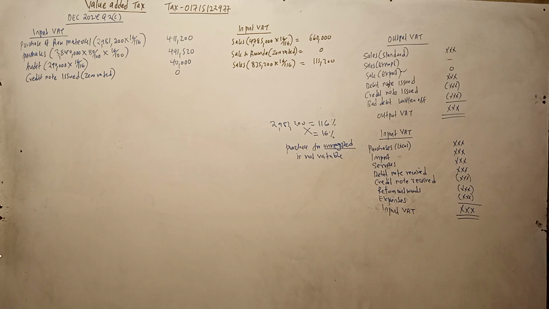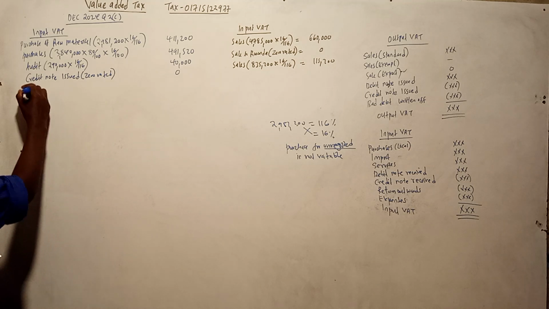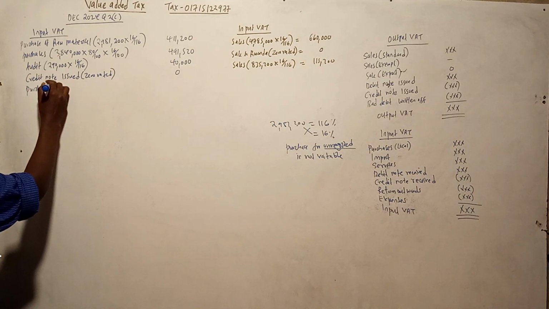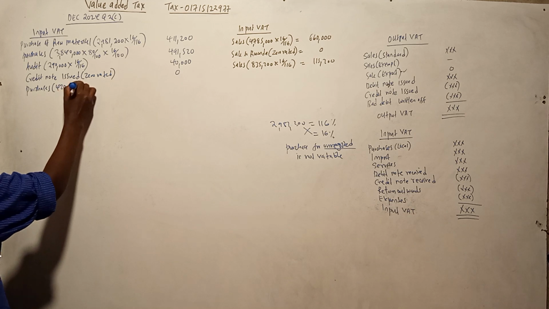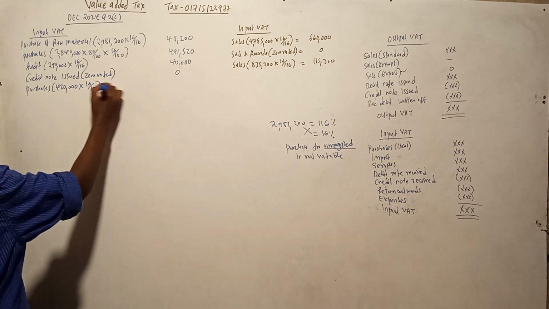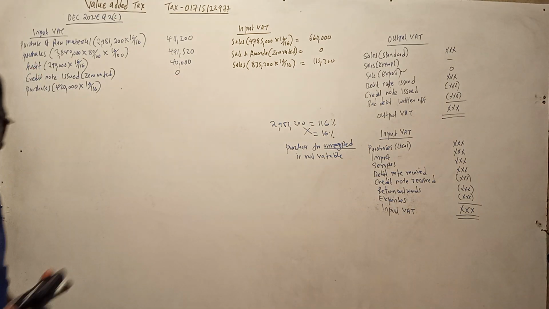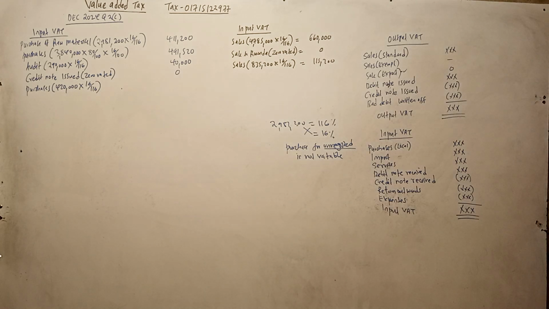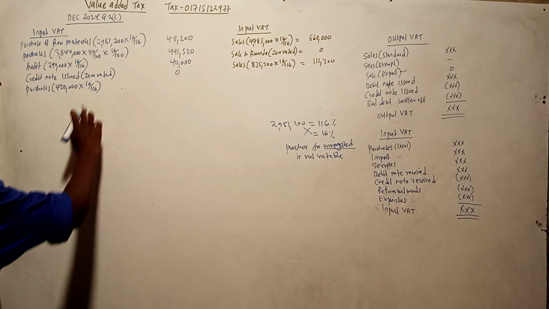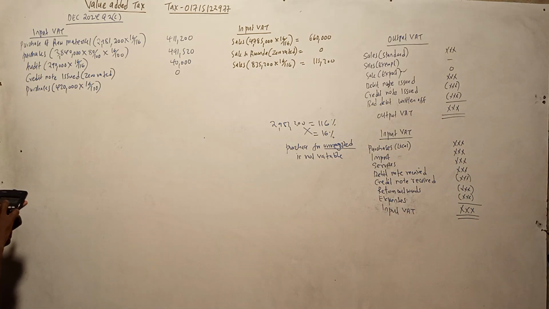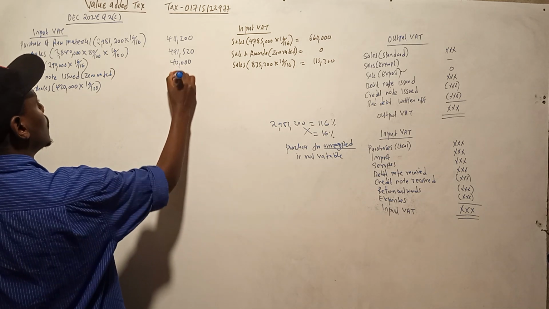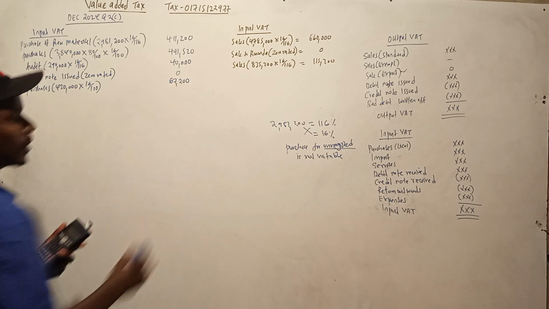So we have purchases for 20,000 times 16 over 100, exclusive, sorry, which is 67,200. So that is purchases.